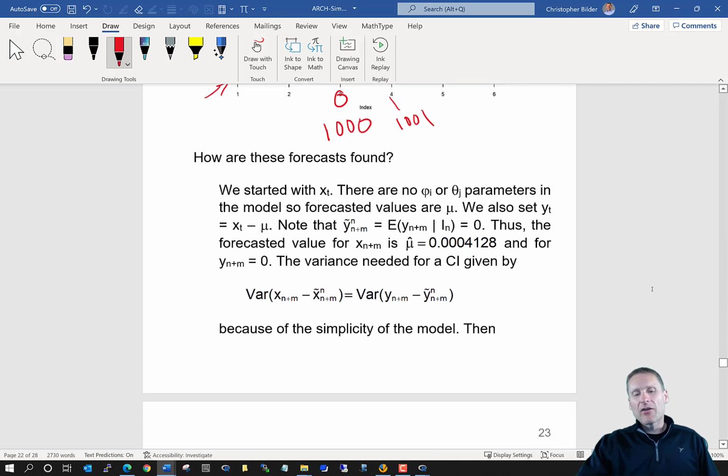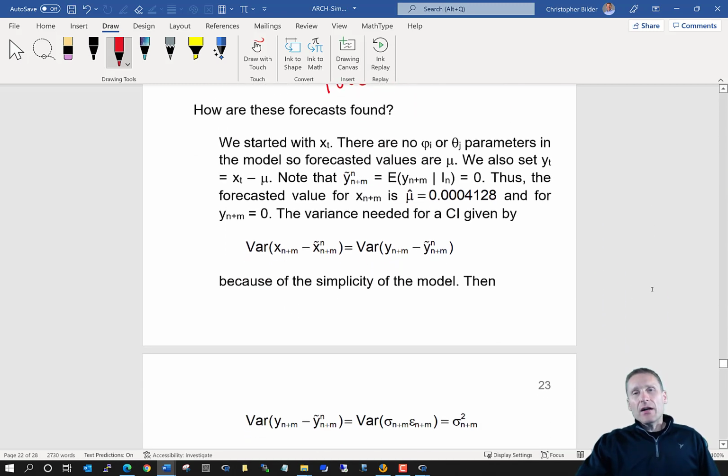Okay, now how are these forecasts found? Our data starts with this x of t. There are no regular moving average or autoregressive parameters associated with this model. We will take a look at an example later that does look at those kinds of models. But for now, we have a very simple situation where essentially we have an ARMA 0-0 model.